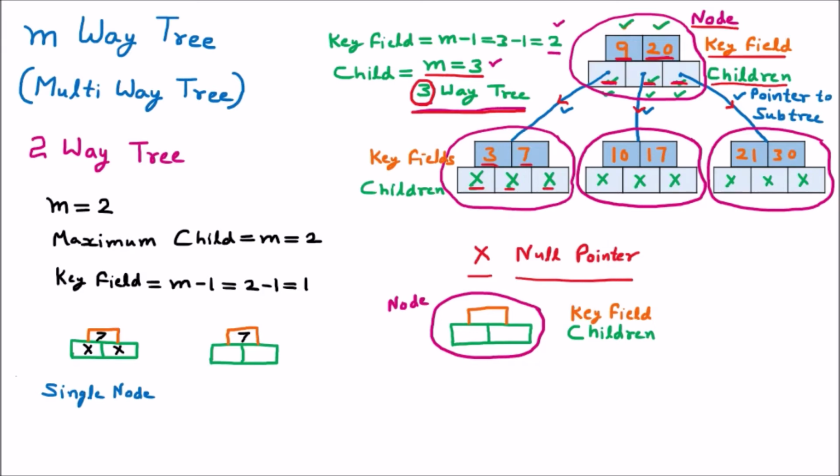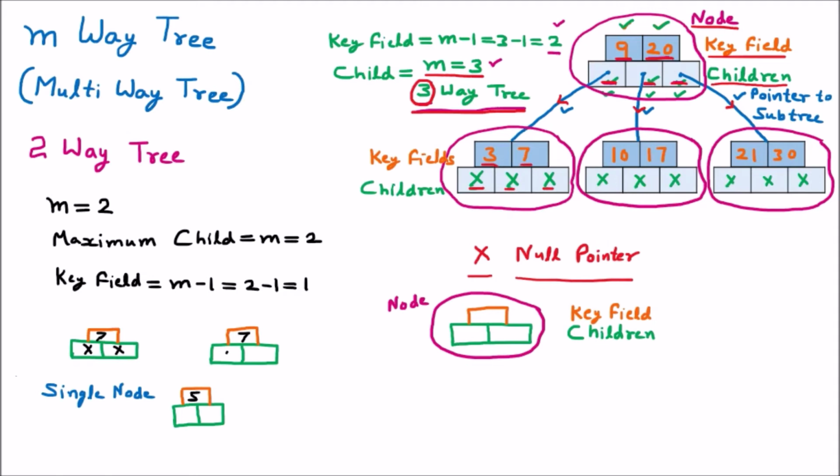Now on the left-hand side we have 1 child. That child will have 2 further children possible, so I have taken the 2 children further. Because it is only the one child, there we have the one key field available. Let us suppose the value we have taken is 5.